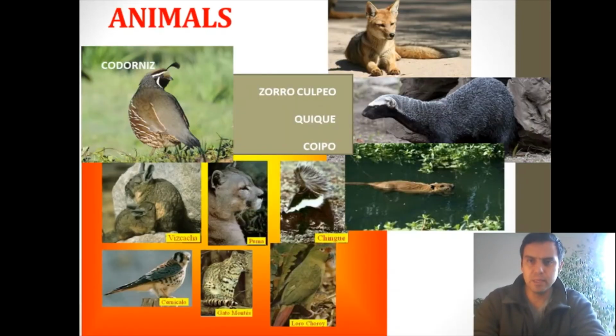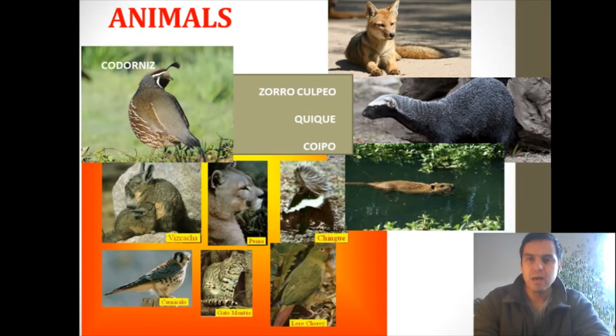Okay, let's continue. Animals. Here I placed photographs of a lot of animals. But the important idea here is that we have big animals, or bigger animals than in the north zone.